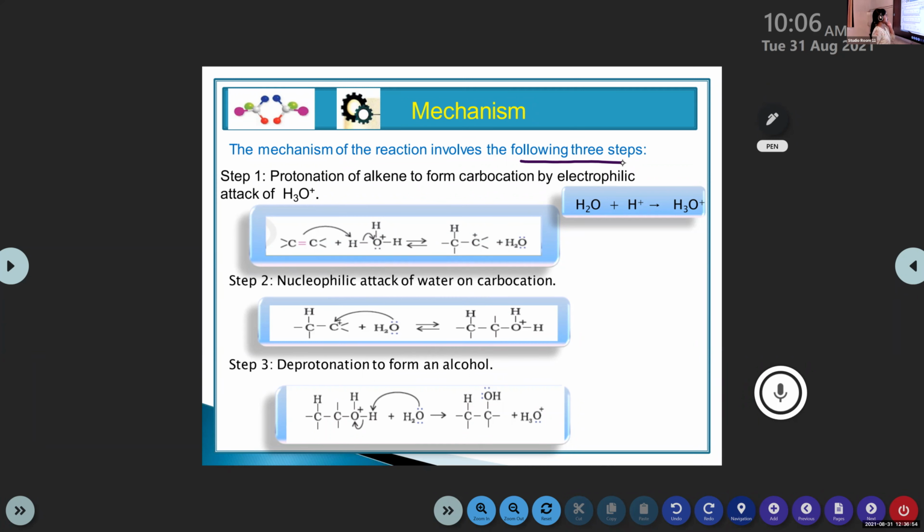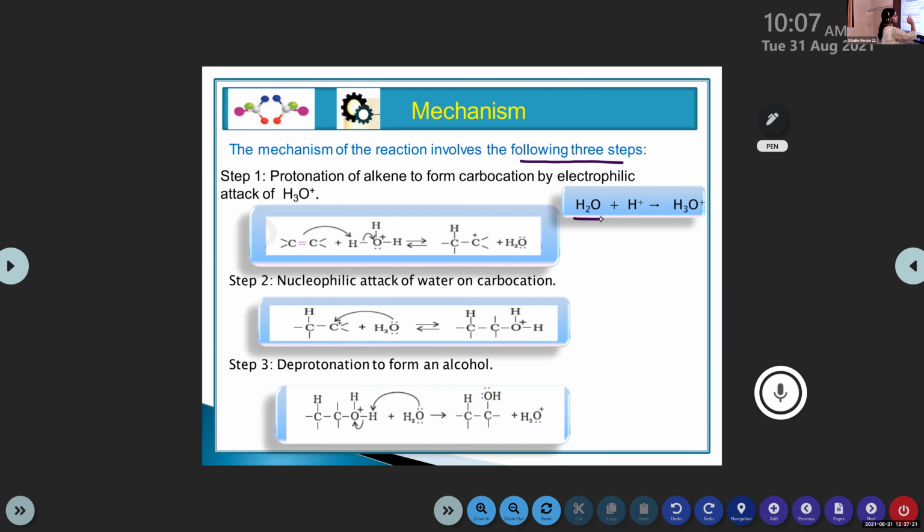Step 1 is protonation of alkene to form carbocation by electrophilic attack of H3O+. So in the first step, a carbocation is formed. Before we move to the reaction between alkene and this electrophile, first we have to convert the water molecule to H3O+. You know that the presence of acid is there.